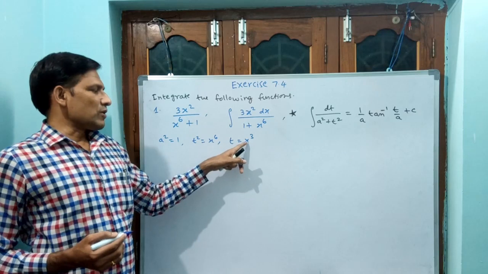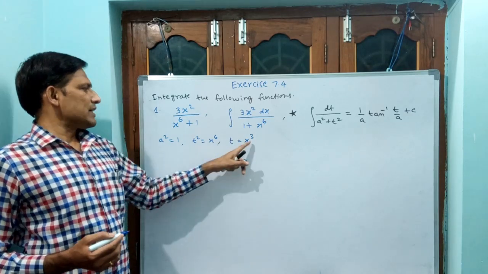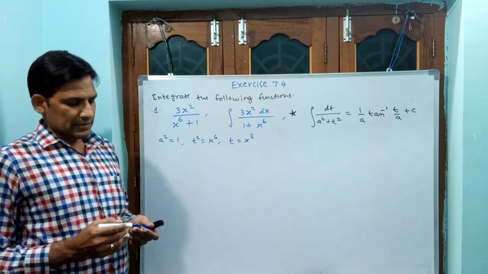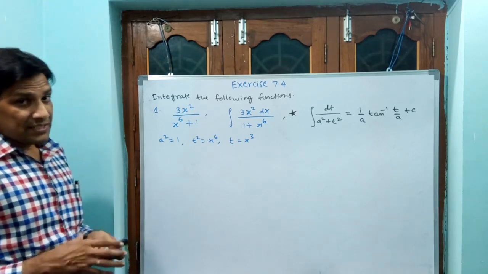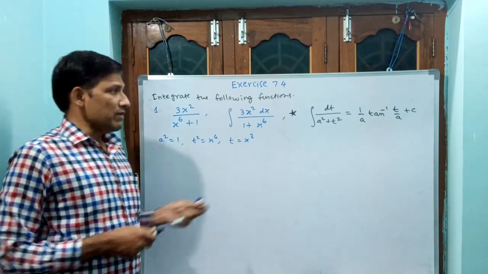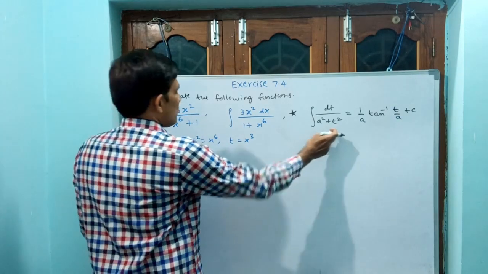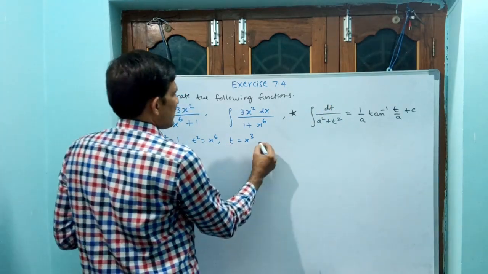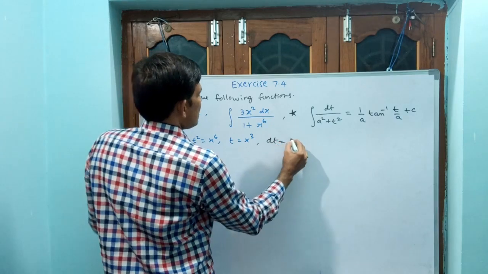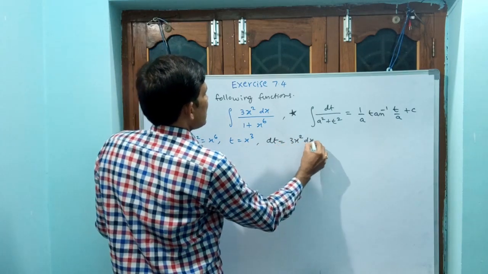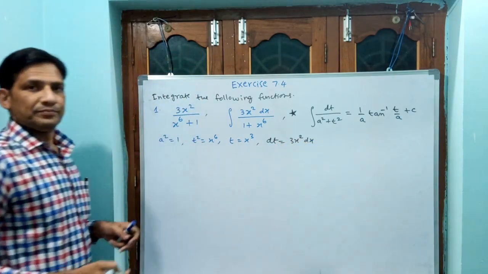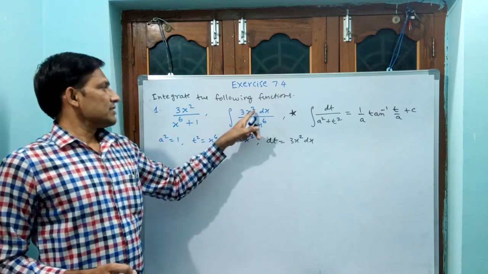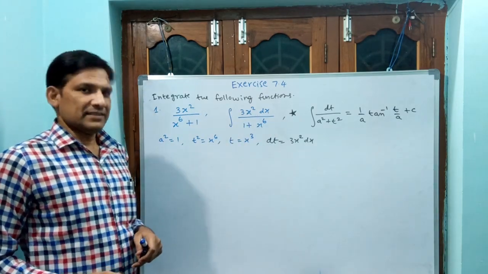If t is x cube, then squaring on both sides automatically gives x to the power of 6. That's all. Now a square is there, t square is there, but you require dt also. How do you get dt? Differentiate it: dt is equal to 3x square dx. Is this in the numerator? Yes.